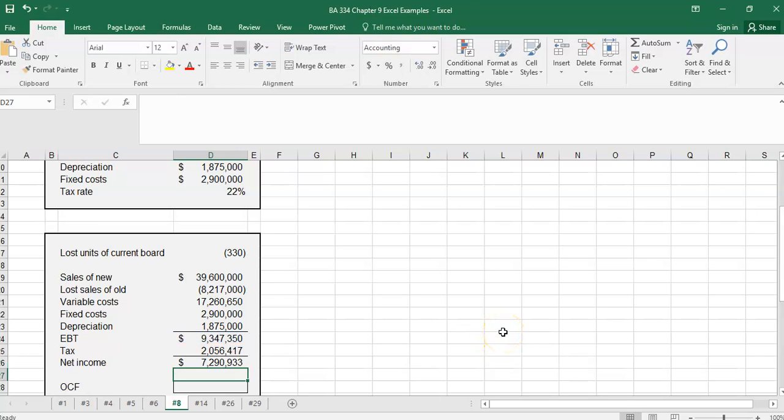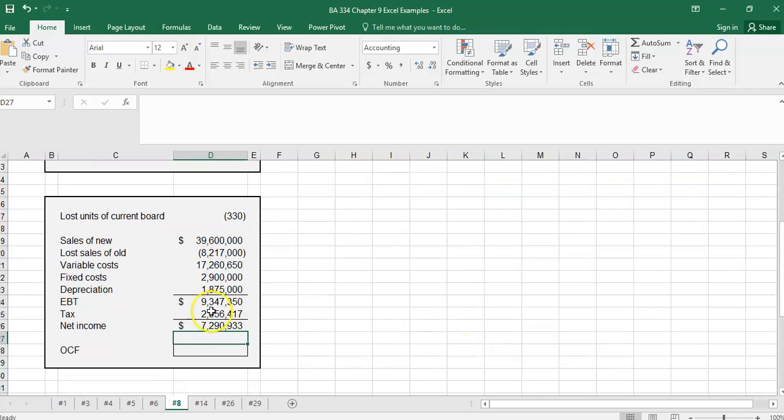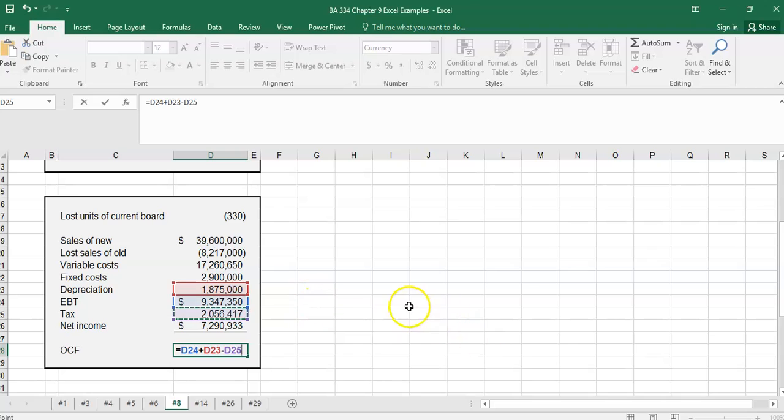We then calculate operating cash flows. Operating cash flows are EBIT, earnings before taxes, plus depreciation, minus the tax expense. So the operating cash flows from this project are $9,165,933.